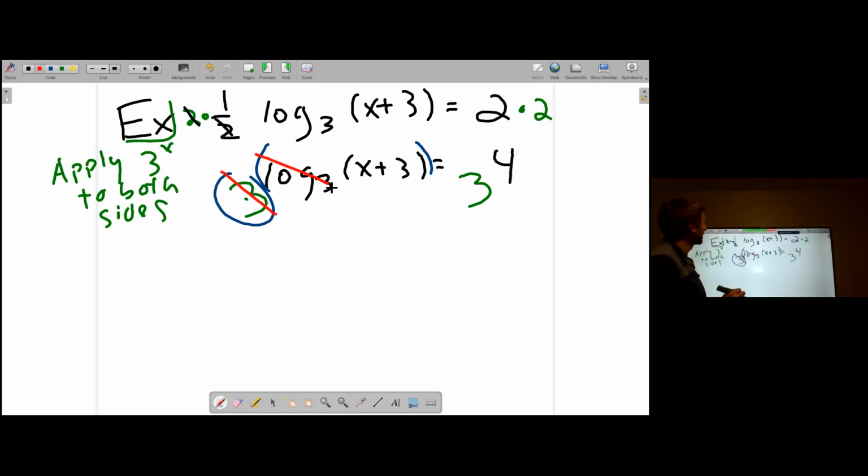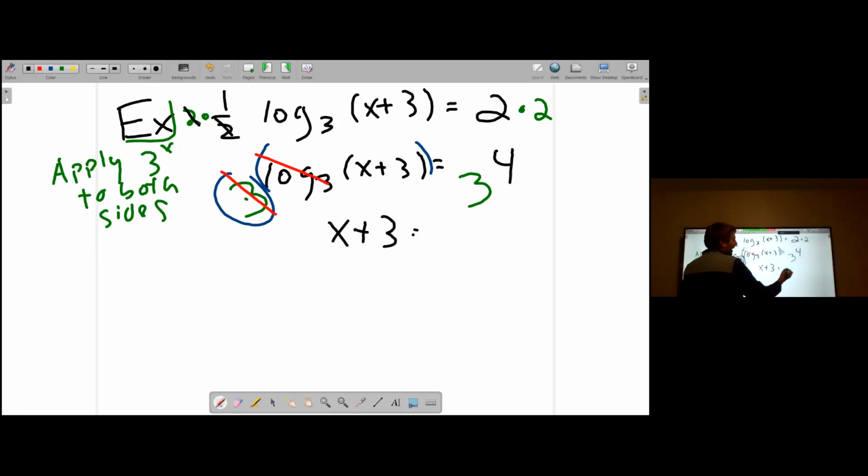I love it when things cancel in algebra. I've done that specifically so the log would go away. So on this side, I'm left with x plus 3, and on the other side, I just have to compute 3 to the 4, which is 81. And so I basically got this solved.